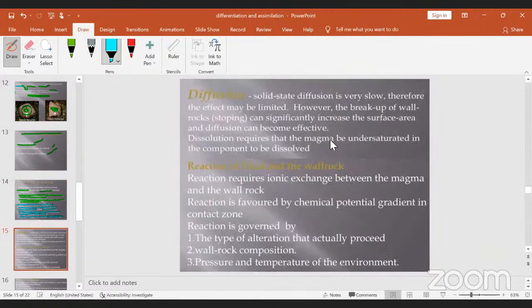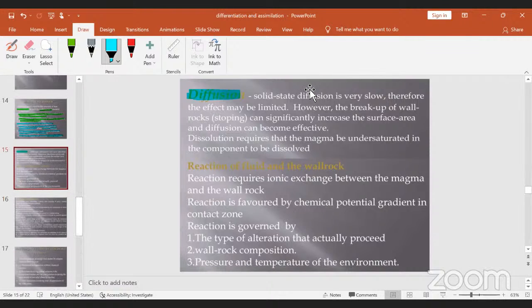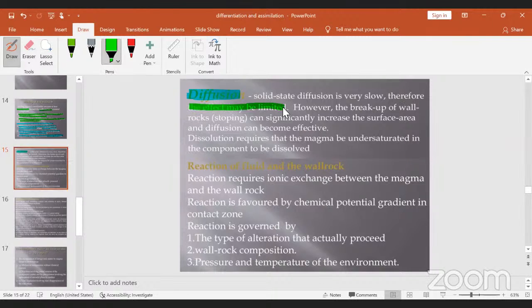And diffusion. So what is diffusion? Diffusion means solid state diffusion. So that is very slow, right? Therefore the effect may be limited, right?